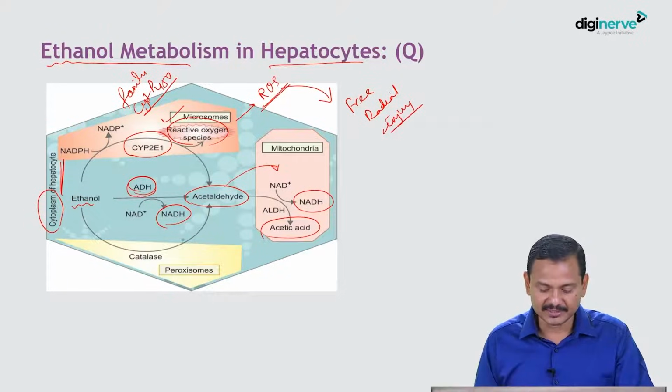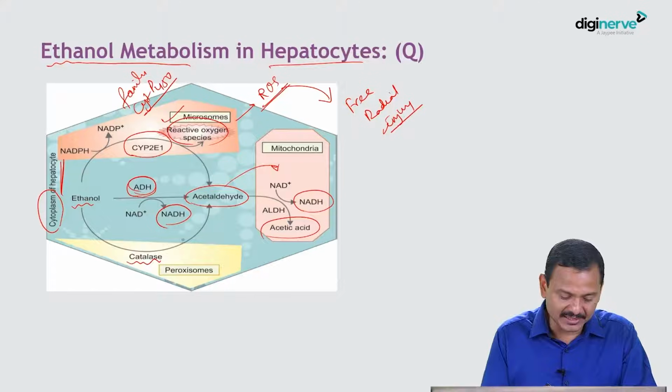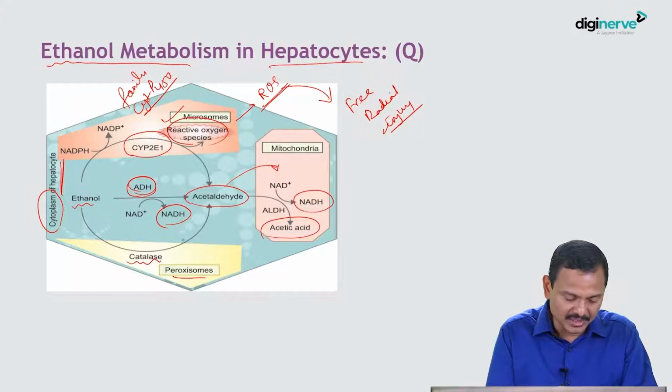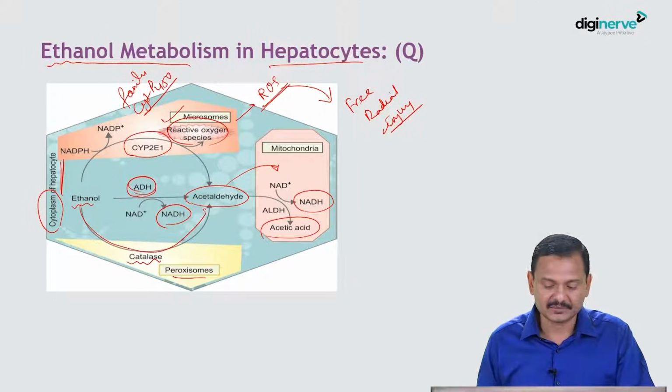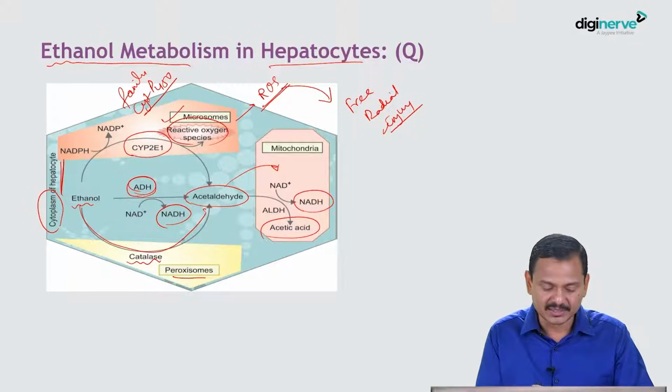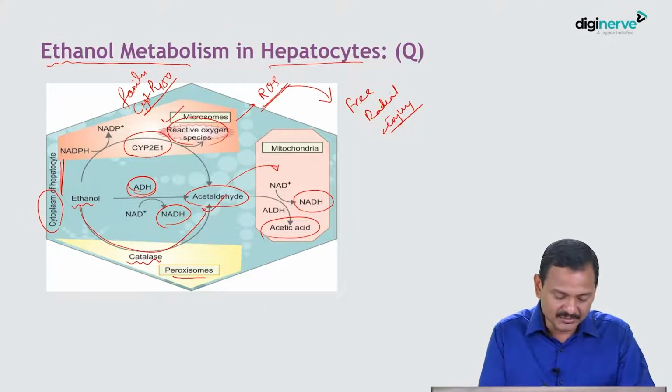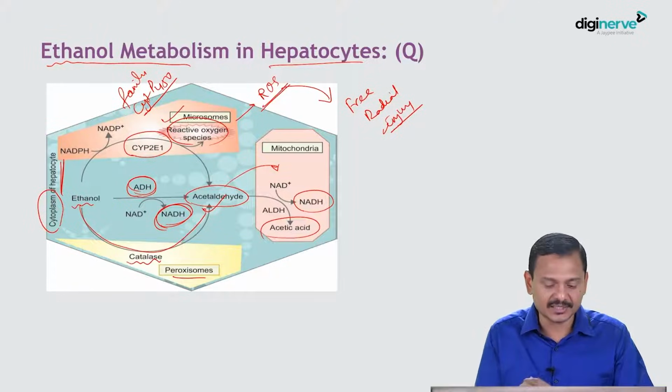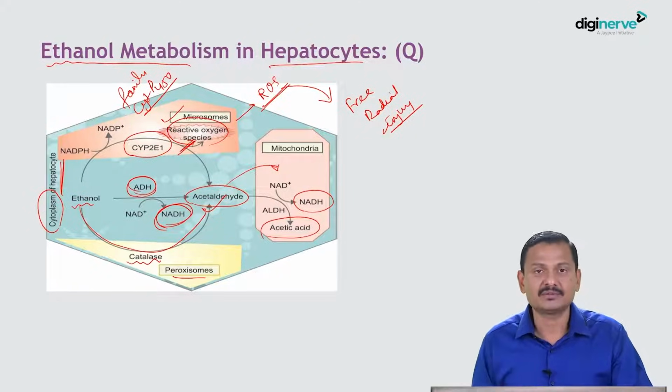Okay. And then there can also be, through the catalase enzyme in the peroxisome, conversion of alcohol to aldehyde. Okay. So in this step we have seen that aldehyde is formed as well as NADH is generated. In addition to that, you have reactive oxygen species coming from the microsomes.